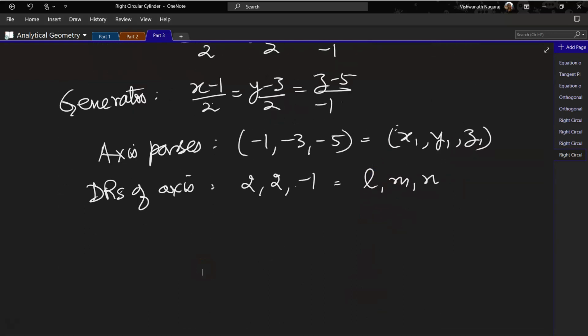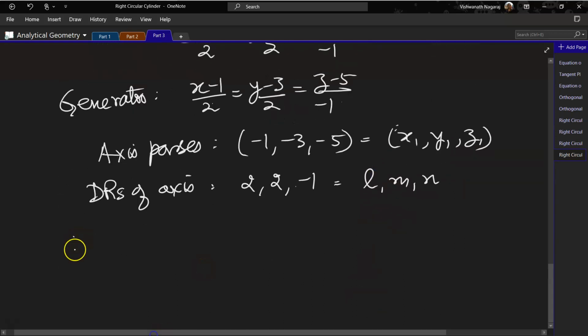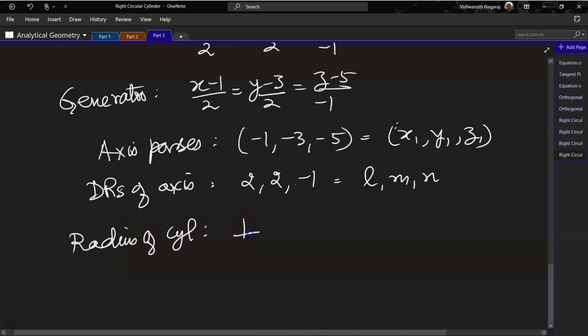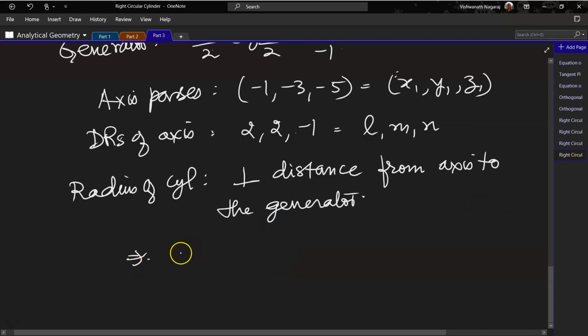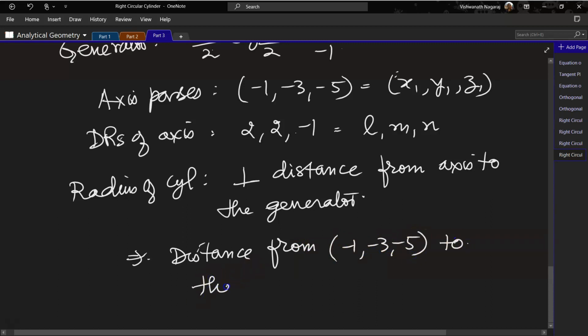We know how to evaluate it. So the radius of the cylinder is the perpendicular distance from the axis to the generator, which basically implies the distance from the point (minus 1, minus 3, minus 5) to the line, that is the generator line.